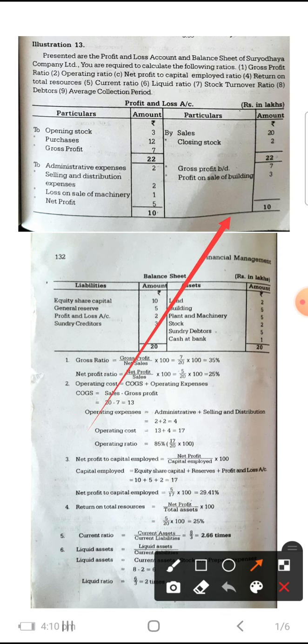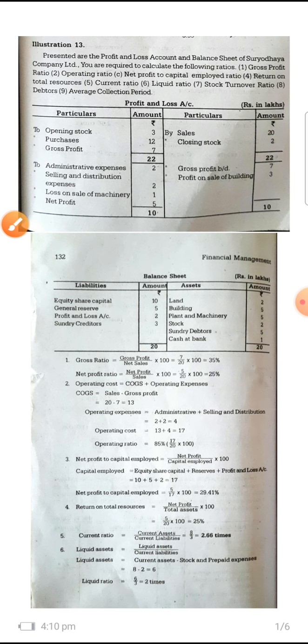Sales is 20, gross profit is 7, so 20 minus 7 is 13. What are operating expenses? There are administrative and selling expenses. If you add these two expenses, you will get 4, and this is called operating expenses. So what is operating cost? Cost of goods sold plus operating expenses, so 13 plus 4, 17. Now operating ratio is equal to 17 divided by 20 into 100, 85%.